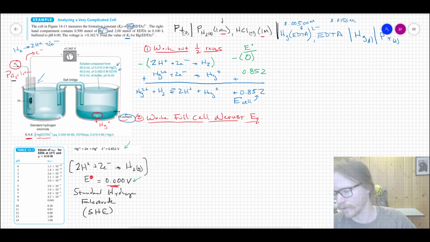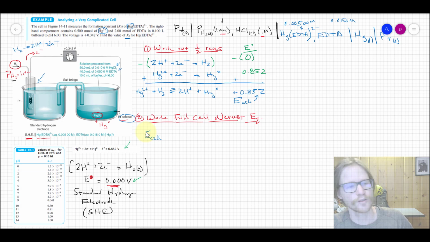Okay, so second step then is to write up our actual E cell, which is a function of our E naught cell, but takes into consideration the specific concentrations as they pertain to the Nernst equation. And we are given specific concentrations simply because we have the moles of each of these things, and then we have the moles of excess, in this case of EDTA.